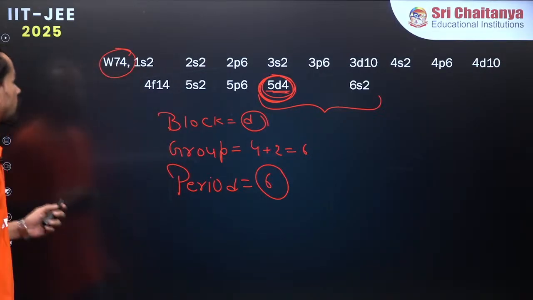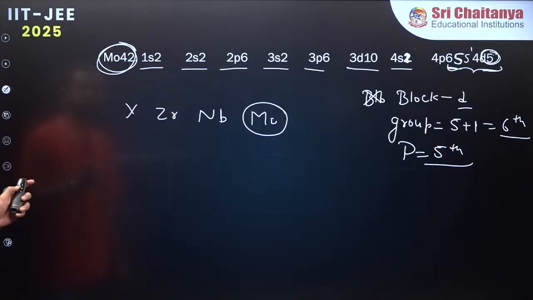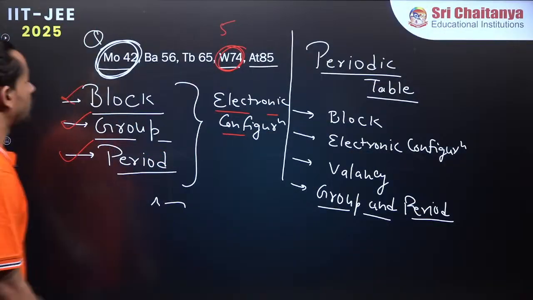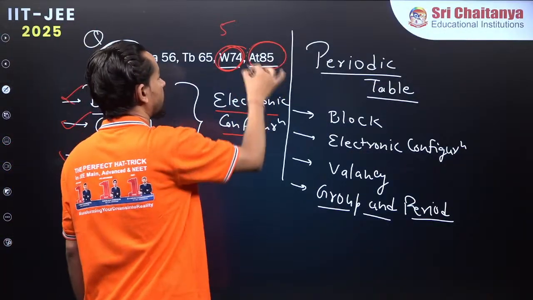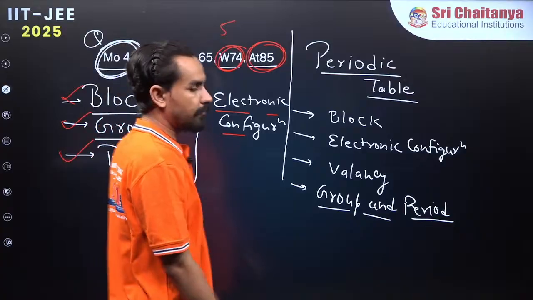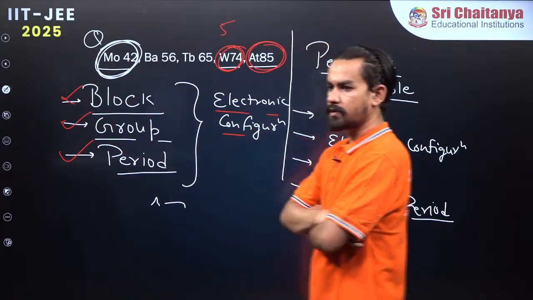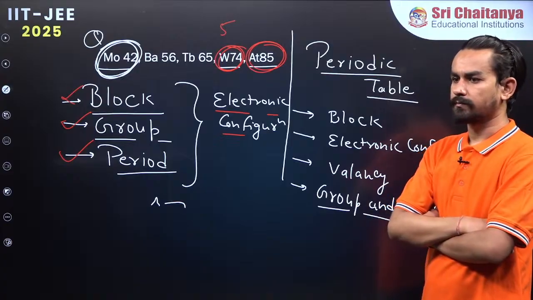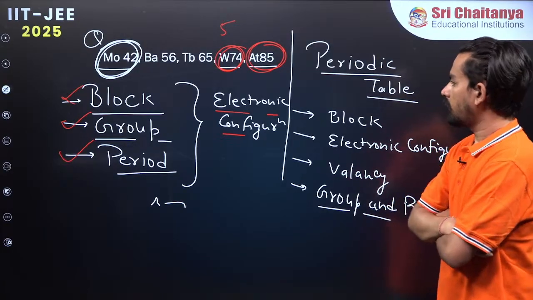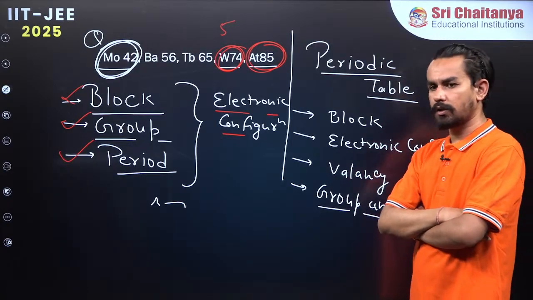Okay, now let us move to the next one. Next one is 85. Astatine 85. Tell me, what is the electronic configuration?